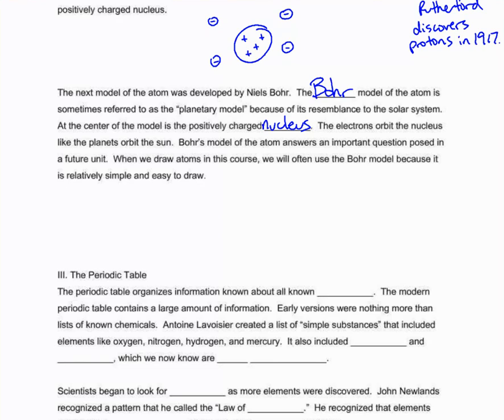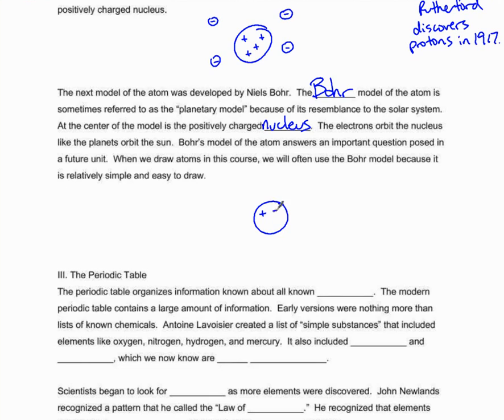Bohr's model of the atom answers some important questions. Maybe we'll talk about them later. It's helpful because when we draw atoms in this course, we will use the Bohr model because it's relatively simple and it's easy to draw. So here is an example.